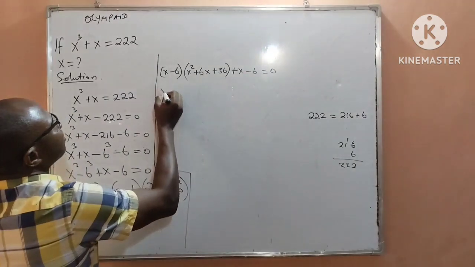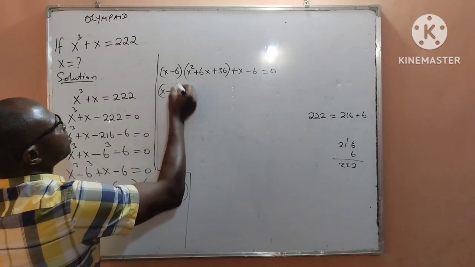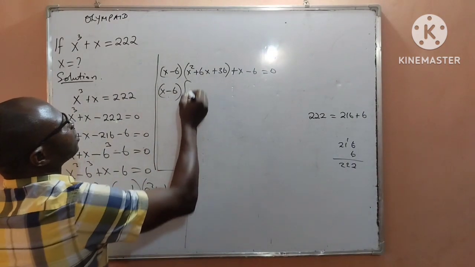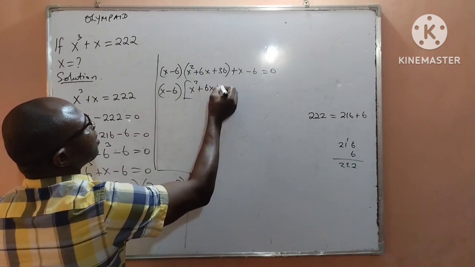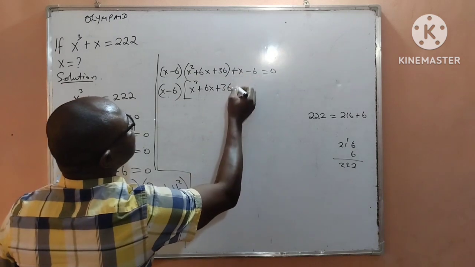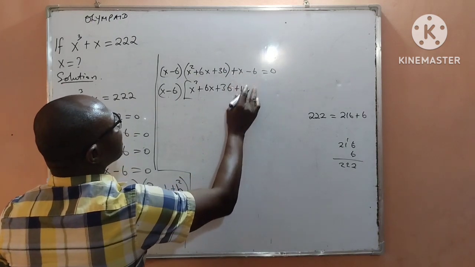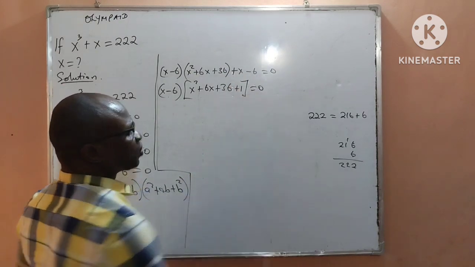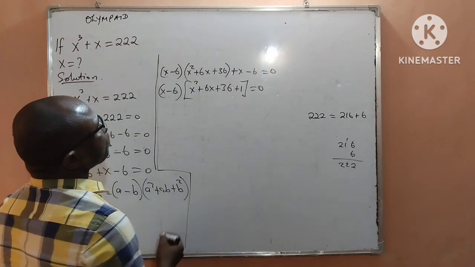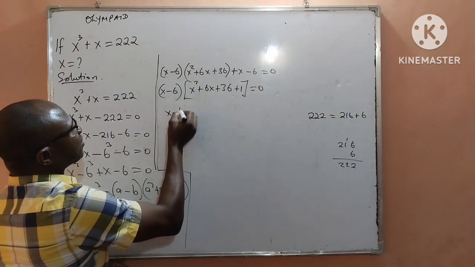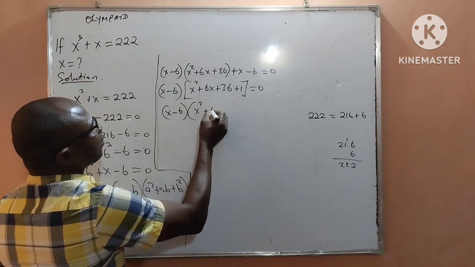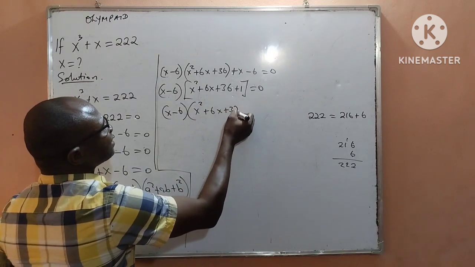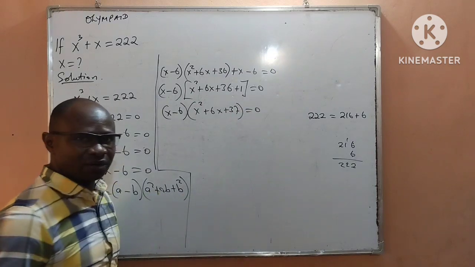It can be factored out to become x minus 6 into x squared plus 6x plus 36, then plus 1. Everything is equal to 0. Therefore, I can have x minus 6 into x squared plus 6x plus 37 equal to 0.